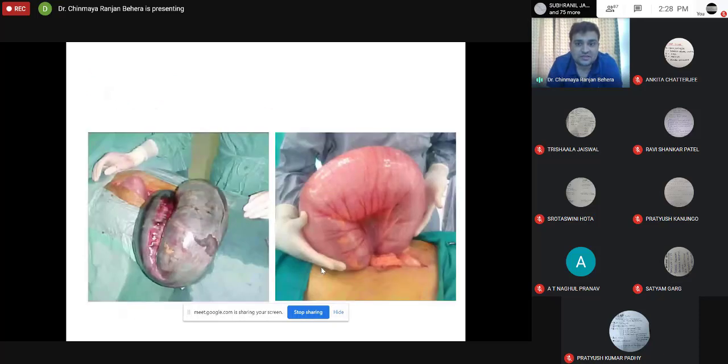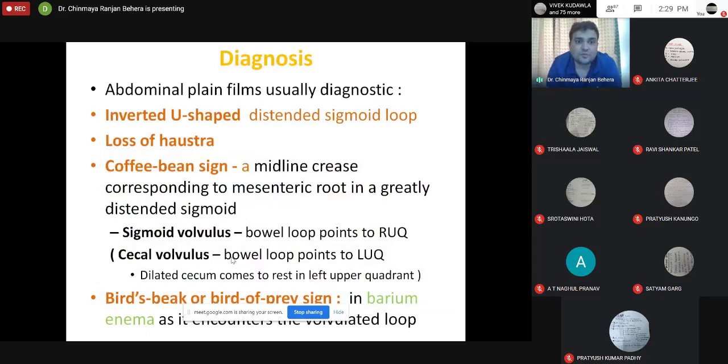Like you saw in this one, it probably did not rotate 360 degrees, so the sigmoid is non-gangrenous and healthy. This one probably rotated more than 360 degrees, so there is venous occlusion and gangrene. So in these cases, what are the options you have?